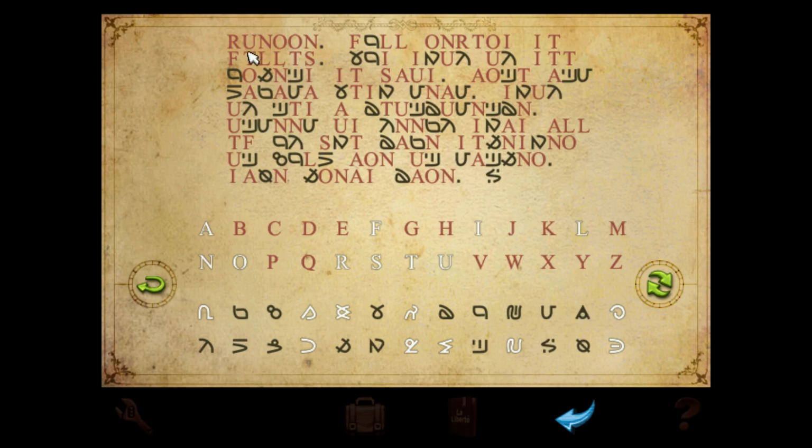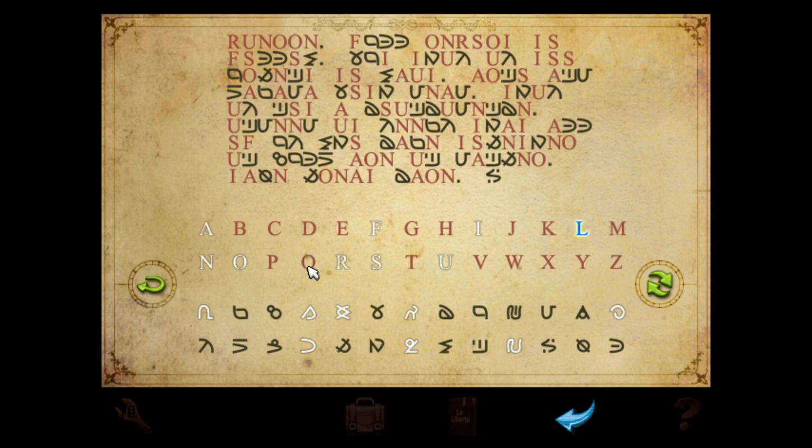T has to be wrong, though. T is not right. So I think S is probably wrong too. My Wheel of Fortune experience here is not paying off very well. L is wrong.